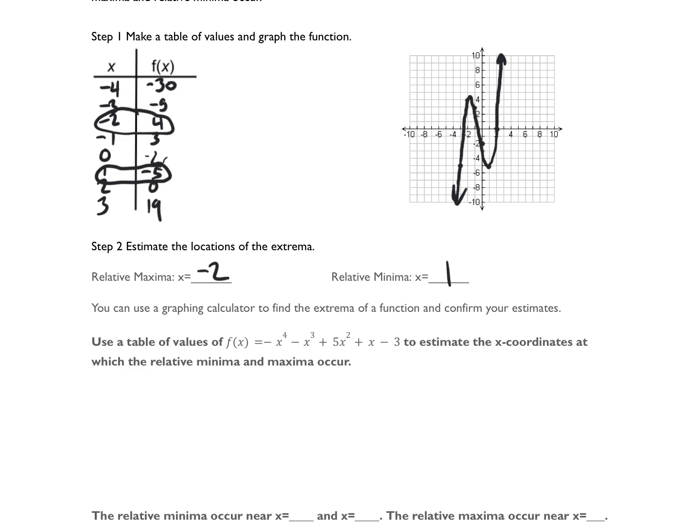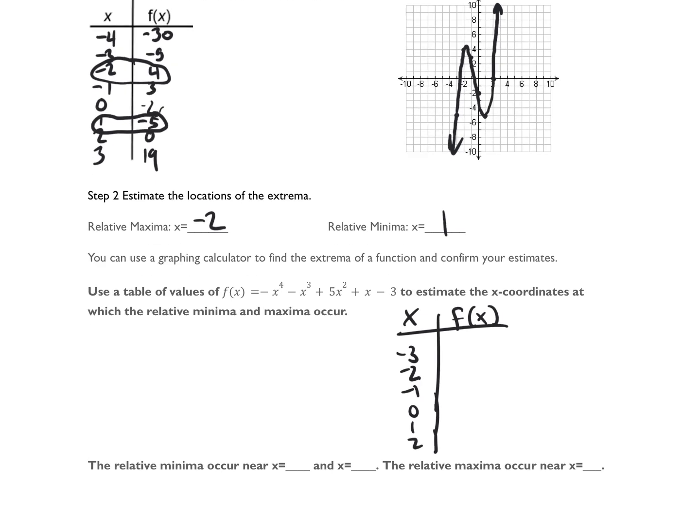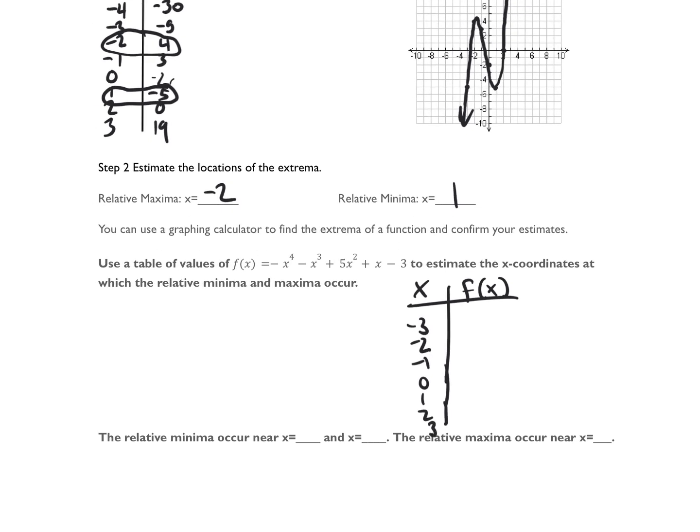For these, I'm going to make an x and an f of x table. Start with -3 and go through 3. So -3, -2, -1, 0, 1, 2, and 3. So -3 has an f of x of -15.